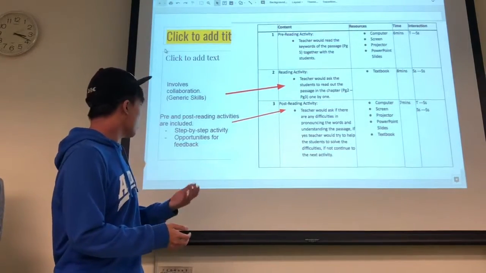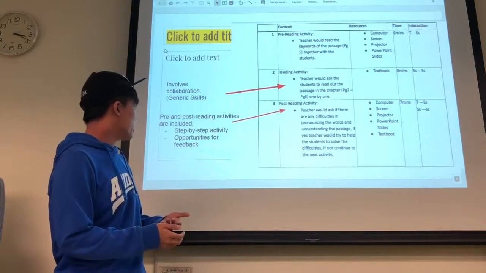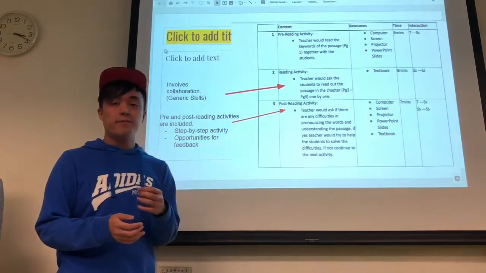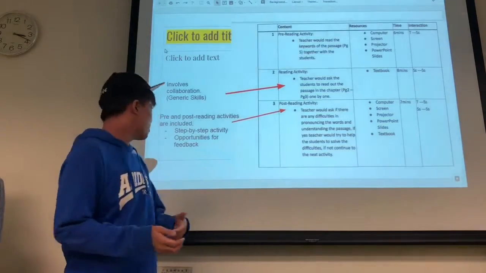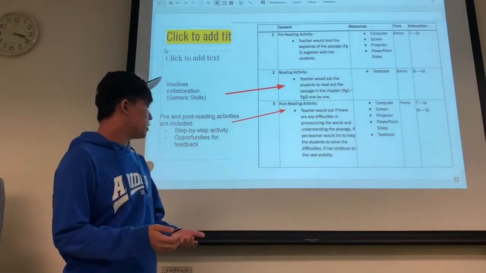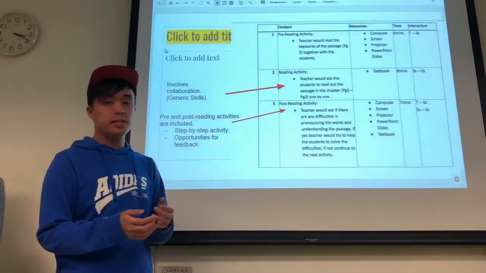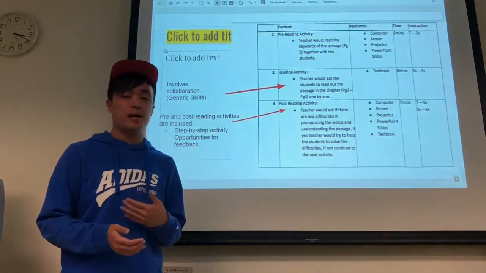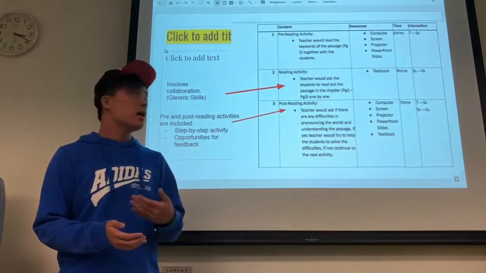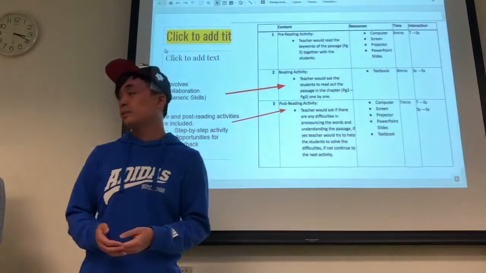It also includes pre- and post-reading activities, which are emphasized to be step-by-step activities to provide opportunities for feedback in the post-reading activities, as the teacher will ask students if there are any difficulties while reading the passage in the lesson.